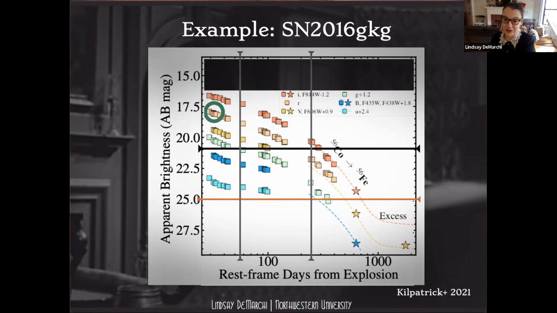This is about where interaction started to occur, just to kind of guide your eye. 25 mag is the limit of LSST. So if 2016 GKG was located 100 megaparsecs away, we still would have been able to capture the entire evolution of the supernova, and we would have been able to trigger follow-up.